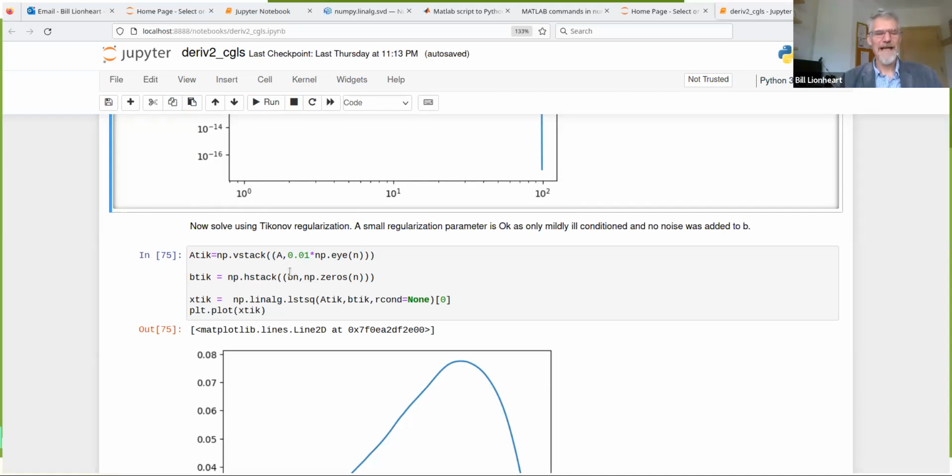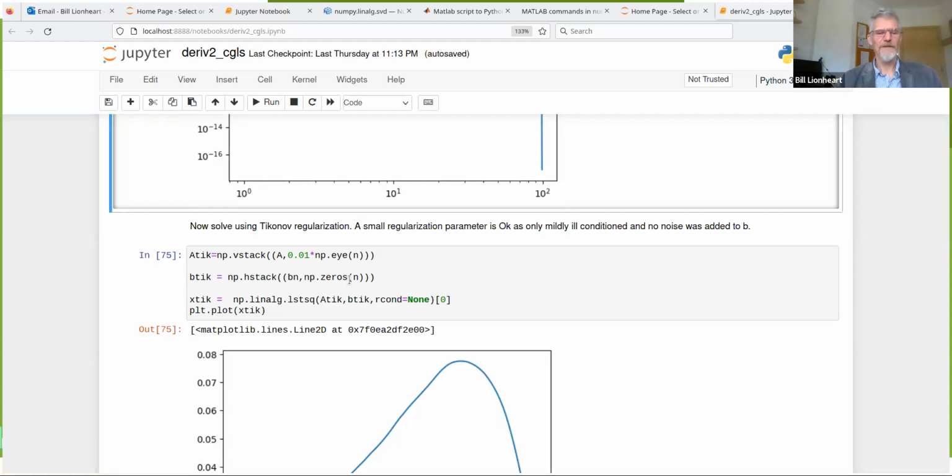And what I've stacked is A and 0.01 times eye, just like in MATLAB, that's the n by n identity matrix. So I've stacked A with the identity matrix times a factor, and the right-hand side I've just stacked with some zeros to match it. So it's like I've got the equations Ax equals b, and I've also got the equations 0.01 x equals 0, and since I'm doing least squares, that tries to make the norm of x small.